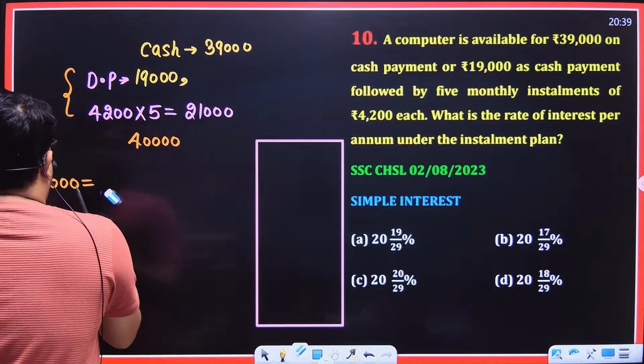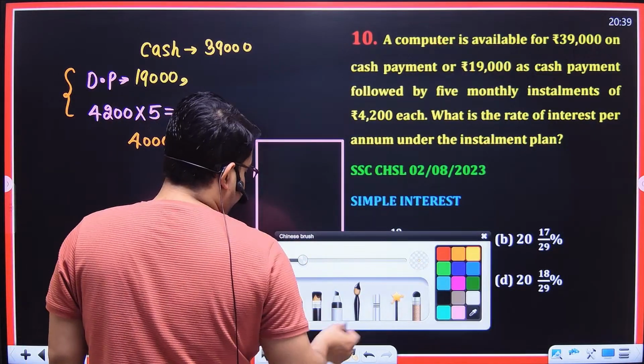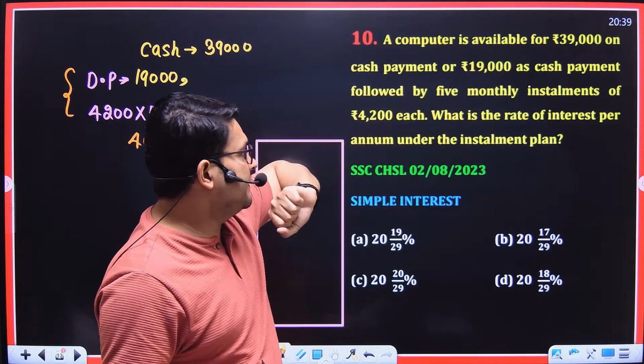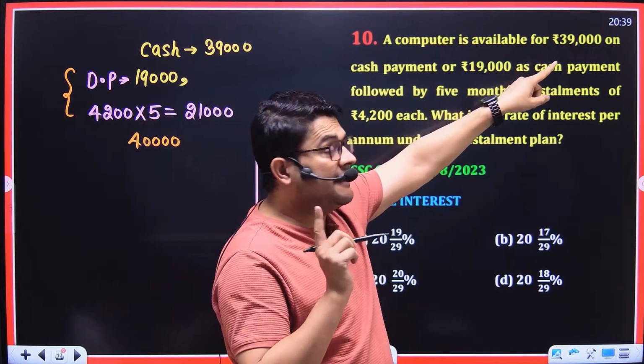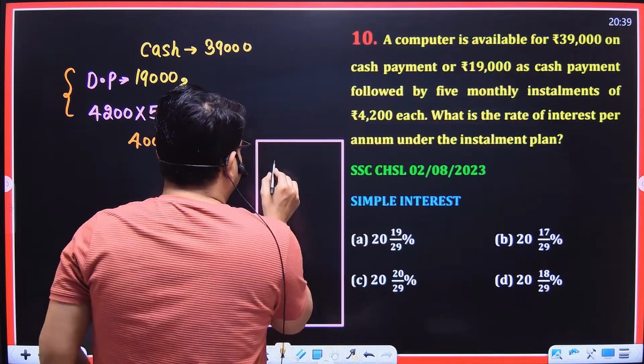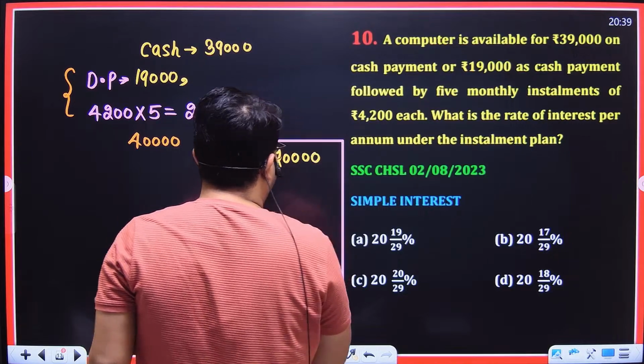See, when you went to the shop, you paid 19,000 as down payment. Then you have a debt of 20,000 on you, a loan of 20,000.